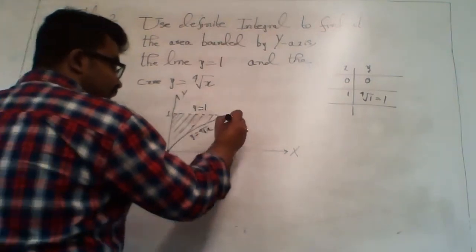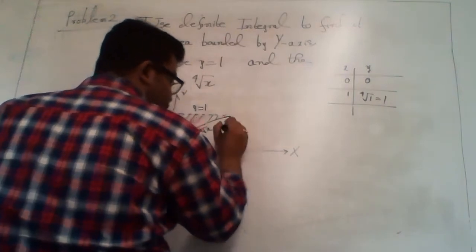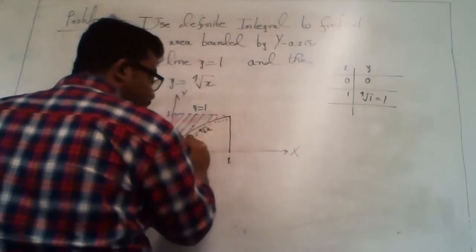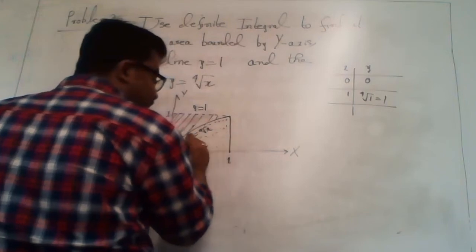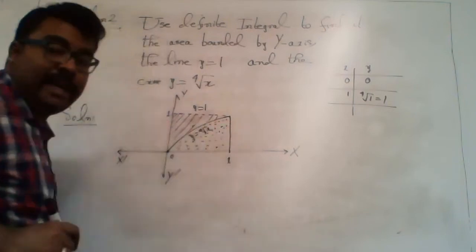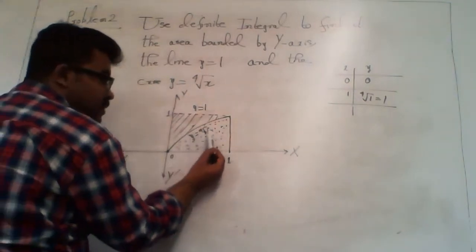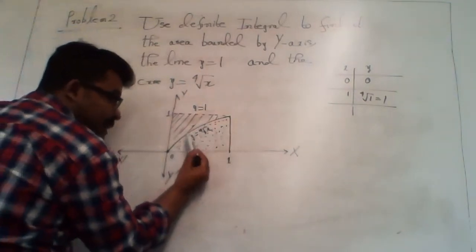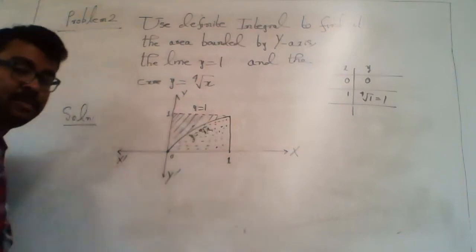I always get the area bounded by the x-axis, not the y-axis. So I will get this dotted area, not the area I need to find.